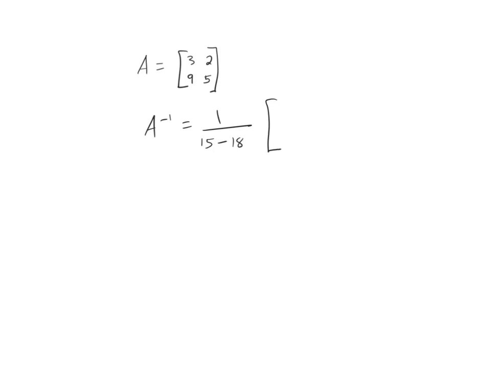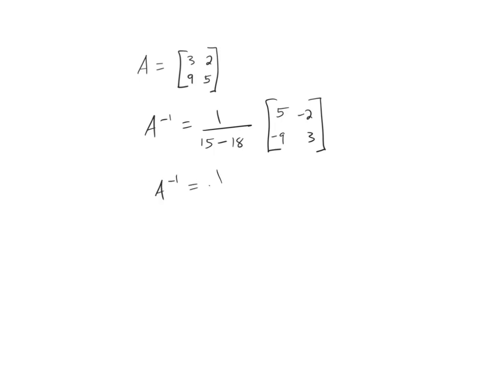And then in my matrix here, I'm going to do the exchange change. I'm going to exchange the 3 and the 5. And I'm going to change the signs on these two, but leave them where they are. So I have negative 9 and negative 2.